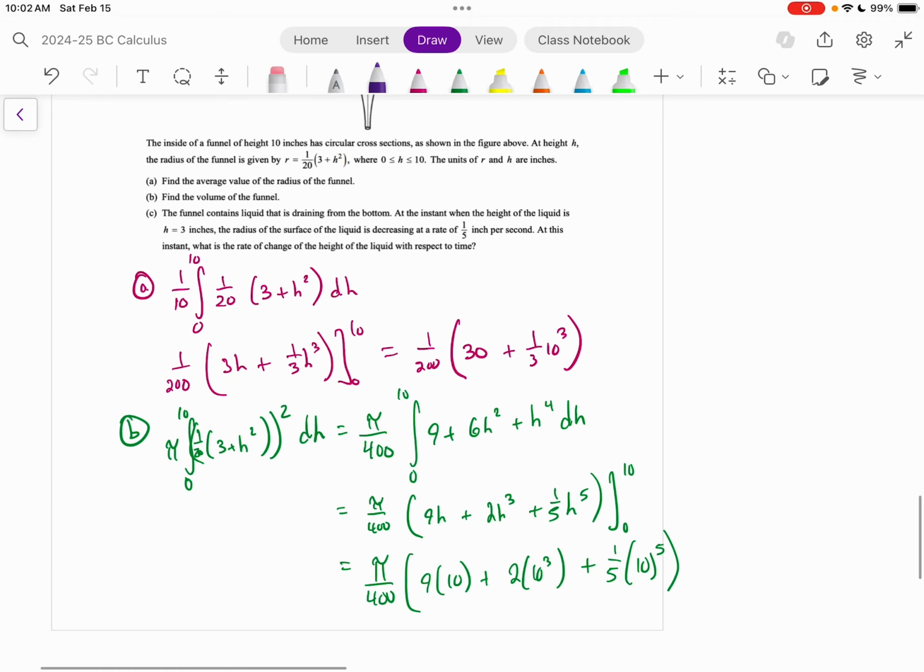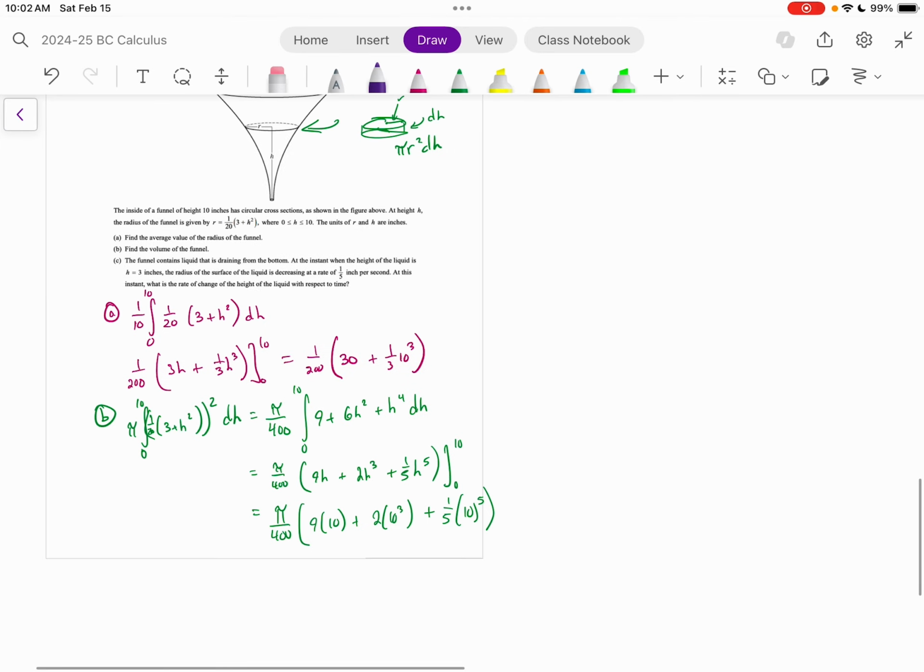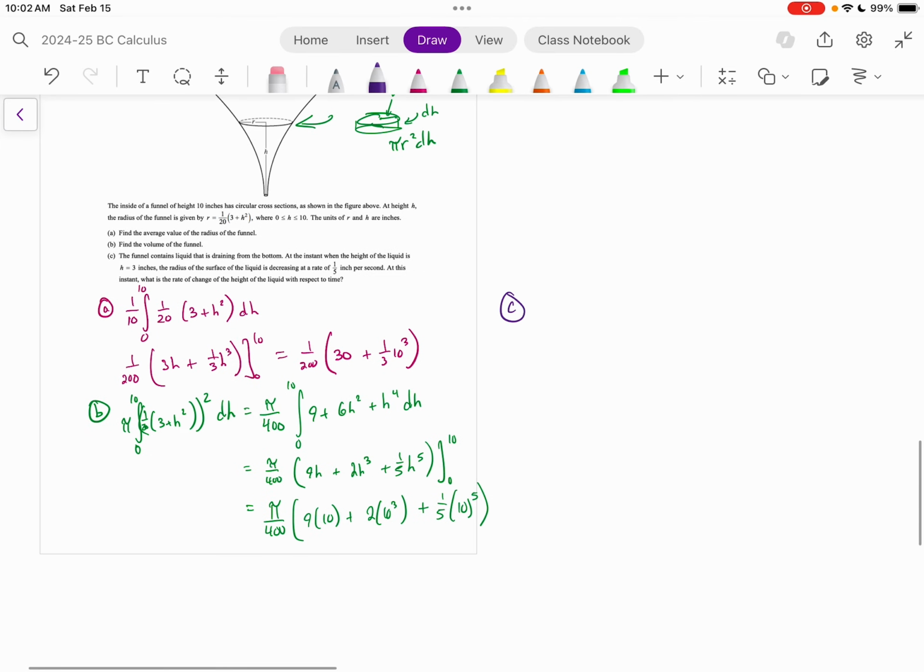And then lastly, our related rates friend. That's fun. The instant when the height of the liquid is 3 inches, the radius of the surface of the liquid is decreasing at this rate. Okay, so we have this formula. And I'm going to multiply this out so that we get a constant.